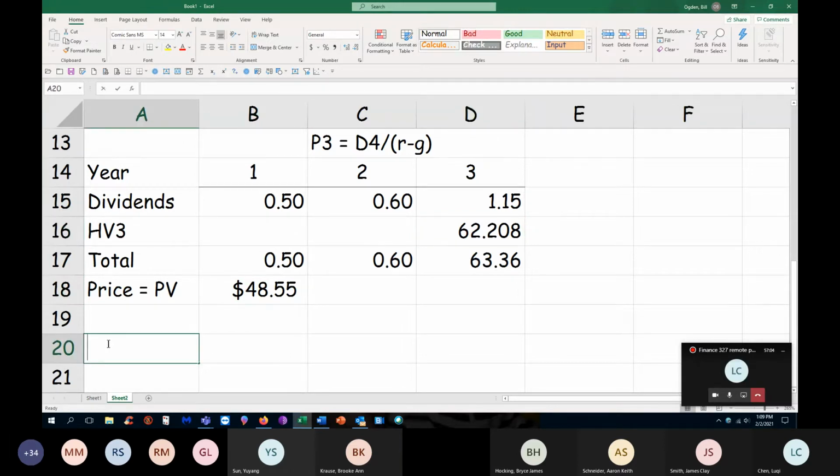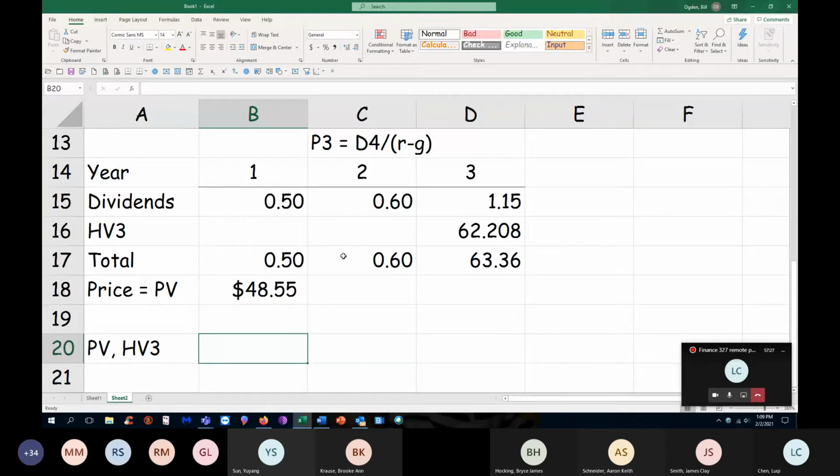We're going to say present value of HV3. In order to arrive at this 48.55, we discounted the 62.208. That was part of the 63.36, wasn't it?